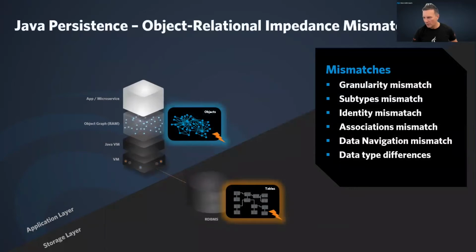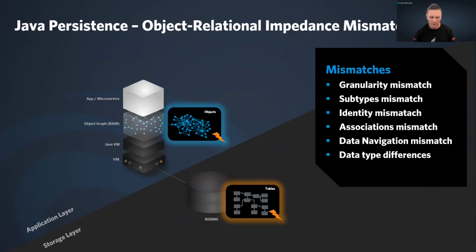So back to our black box. We have further latencies in database operations, and the reason for that is that Java and database systems work completely differently. In Java, we have objects. In relational databases, we have tables and relations, and it's not possible to store complex object graphs in flat tables.